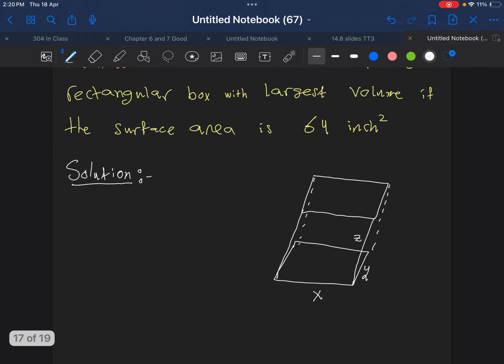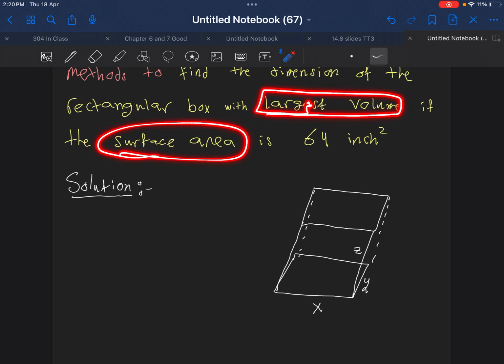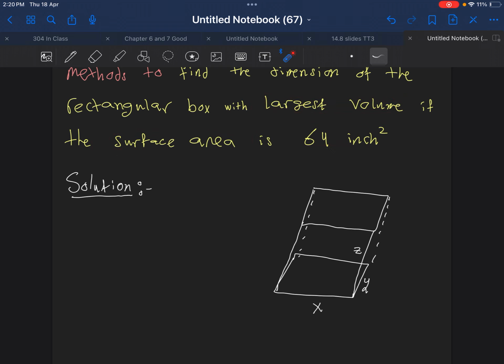Now, those are x, y, z, the dimensions of any box, but our box today is a special one. Why? Because we need to find the largest volume. So it's a box that has the largest volume, and the surface area is fixed to be 64 inches squared.